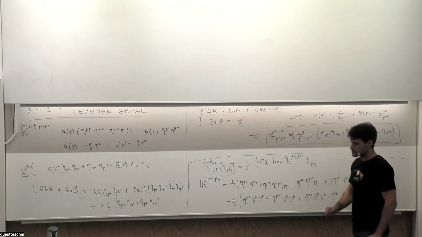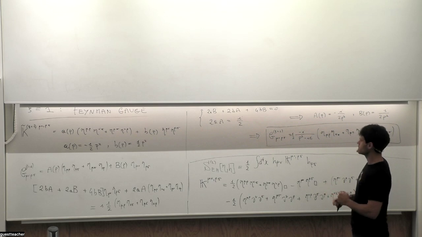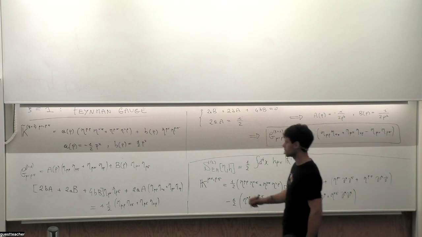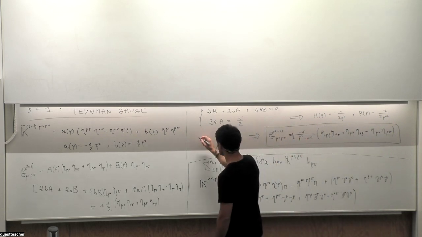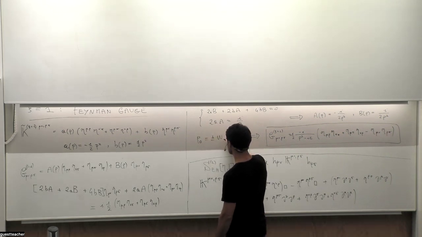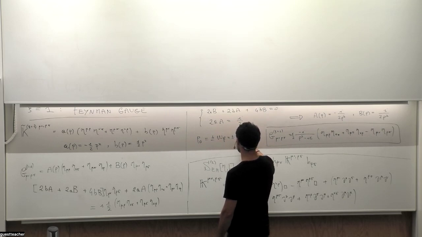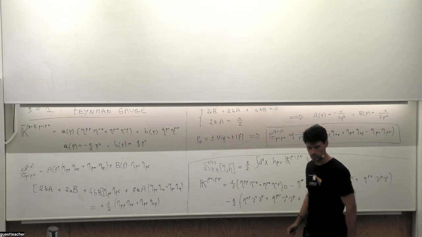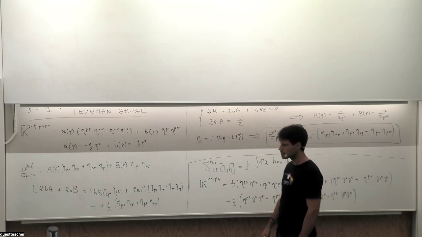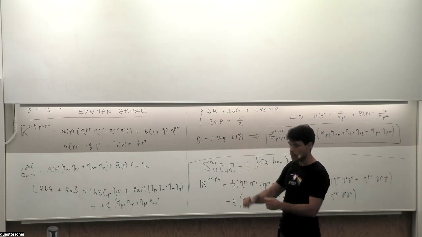What does that mean? It means that if you look at the poles in the complex plane, this will have a pole, right? There will be poles at p0 equal to plus or minus omega p, where omega p is just the modulus of the vector p. These poles appear on the real axis.